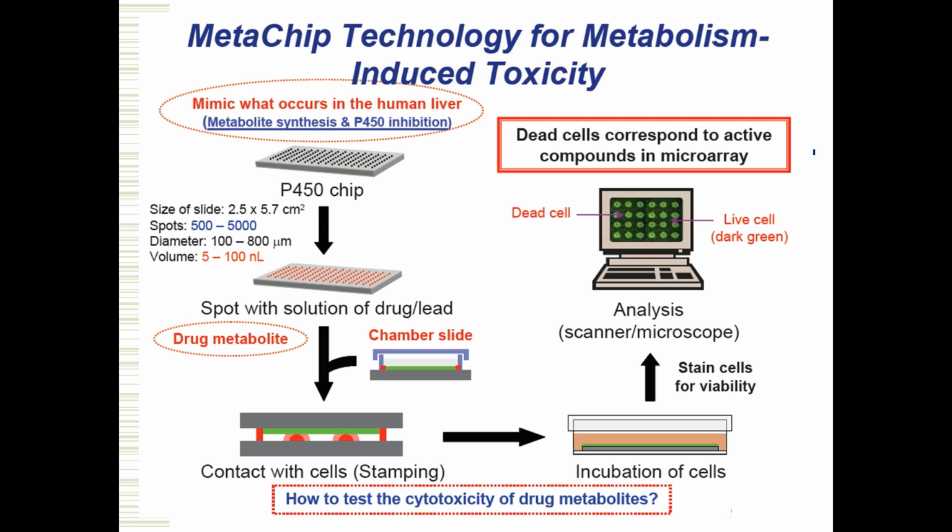Then these cells are stained for viability, then later they are analyzed. Then on the screen we can see dead cells and live cells depending upon their color, like light green, and dead cells correspond to active compounds in the microarrays.